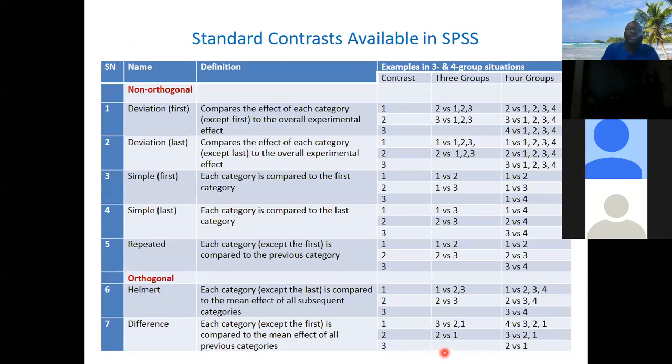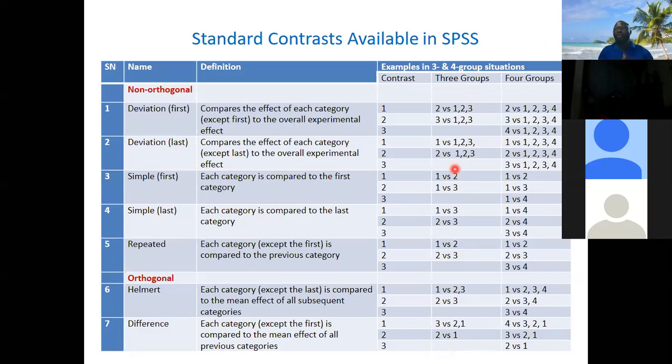Look at the standard contrasts that people use. There are 2 types here, non-orthogonal and orthogonal, and we give examples for 3 groups and 4 groups. You cannot have contrast for 2 groups because with 2 groups you can only combine them in one way.